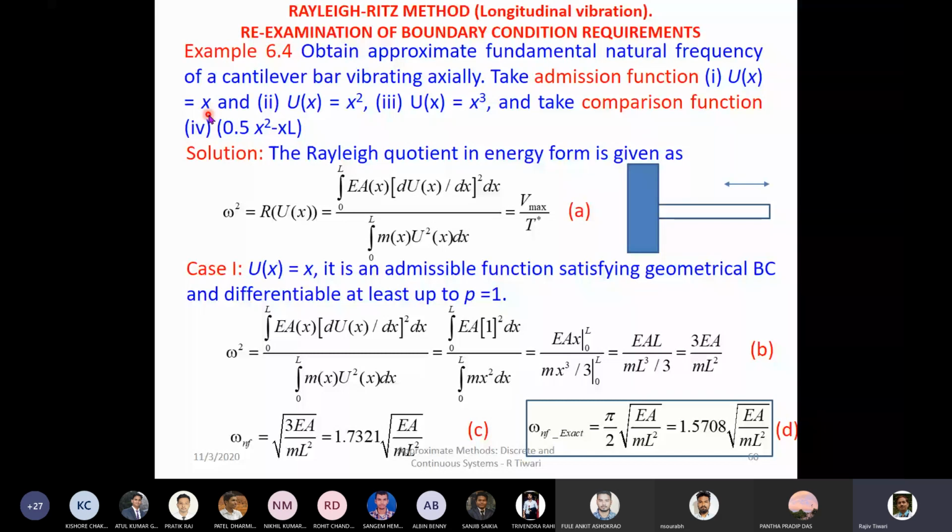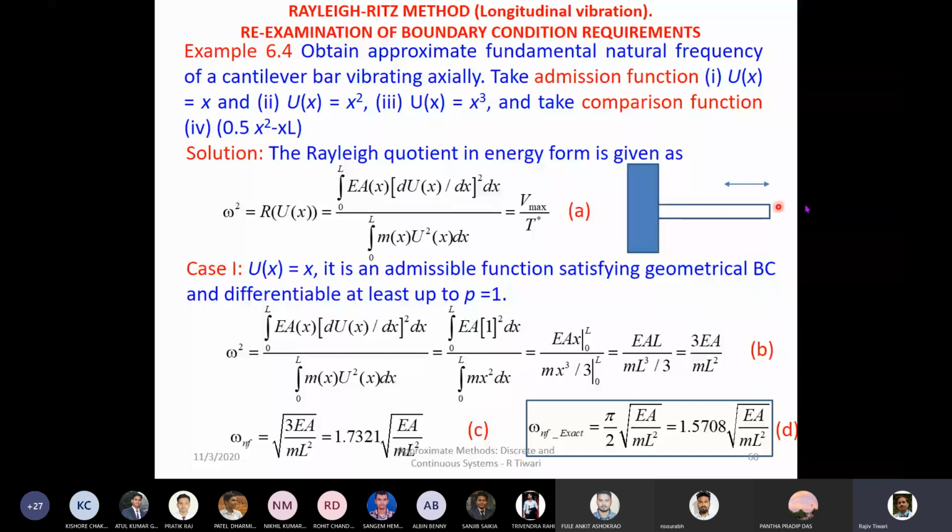The second time we'll take x square, the third time x cube, and in the last we'll take one comparison function. We know a comparison function satisfies all the boundary conditions, but an admissible function will satisfy only the geometrical boundary condition.